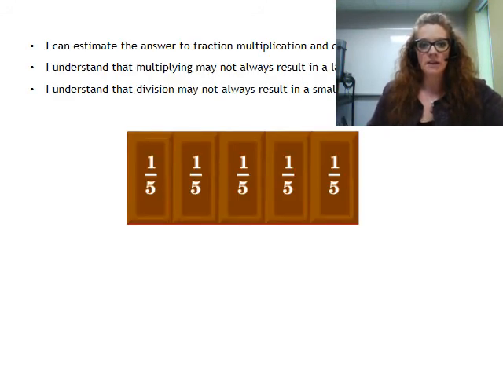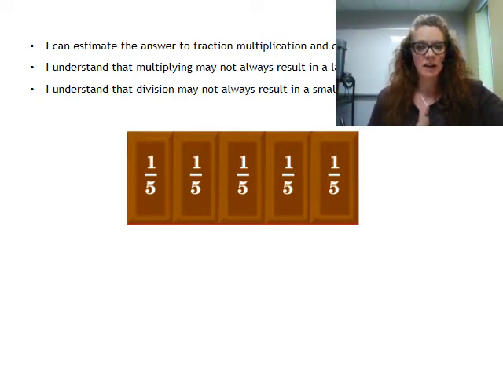All right, estimating fractions with multiplying and dividing to see if you're getting a reasonable answer, and understanding that multiplying doesn't always result in a larger answer and that division doesn't always result in a smaller answer. So let's say I have my chocolate bar and I have it divided into fifths. I don't know why, I've got a real chocolate bar theme going on this year.